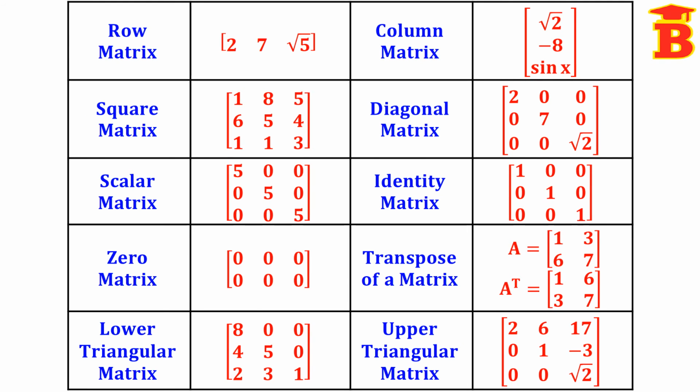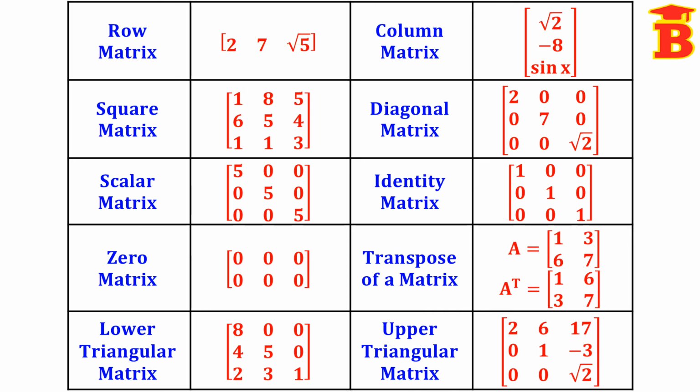And now finally let us recap all the types of matrices. We can remember the types very easily. See the word and remember. First one, row matrix. So row means we must have only one row, then it is called row matrix. Next, column matrix, see the word column.